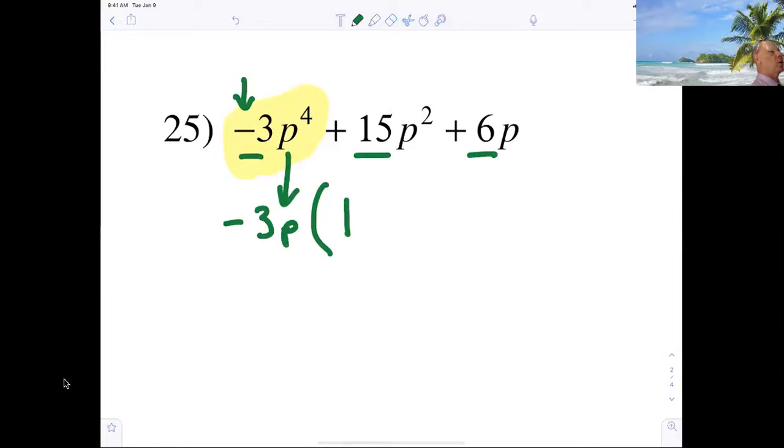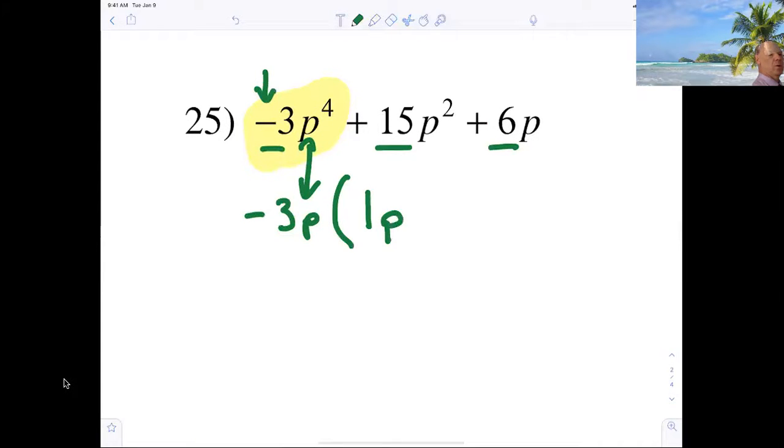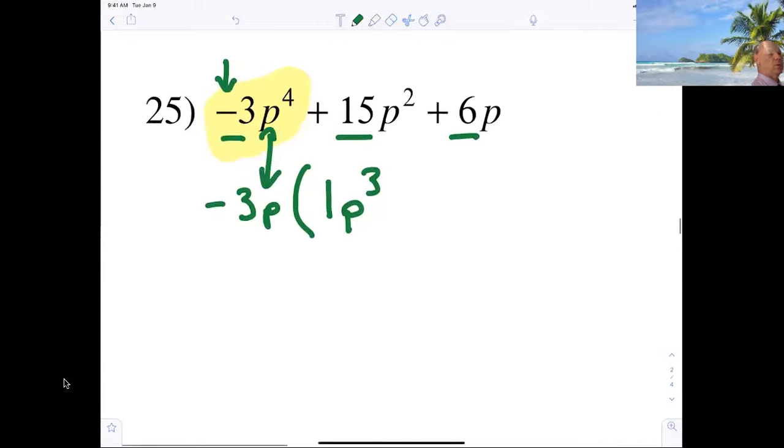P to what power? What? Why second? P to the what? You need to look on your notes. What did I tell you to do with numbers? Divide numbers and do what to exponents?